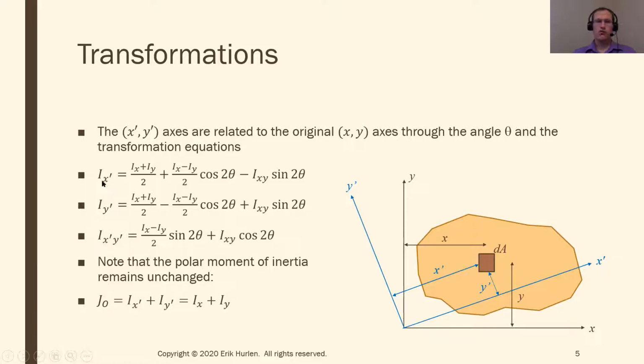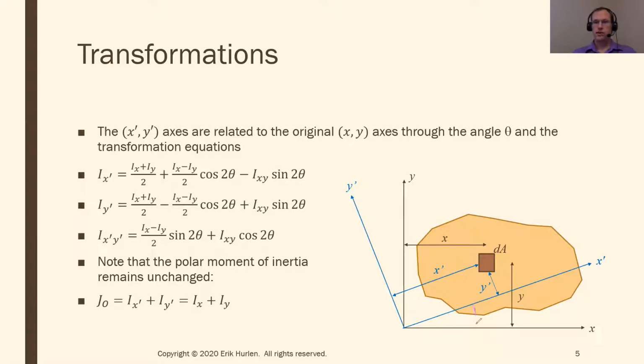So Ix prime is related to Ix, Iy, and Ixy through this somewhat complicated formula. You have (Ix plus Iy) divided by 2, kind of the average moment of inertia about the x and y axes. Then you have (Ix minus Iy) over 2 times cosine of 2 theta, theta being the angle of rotation.